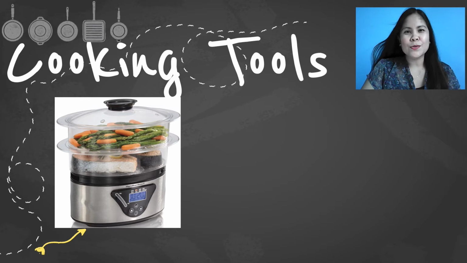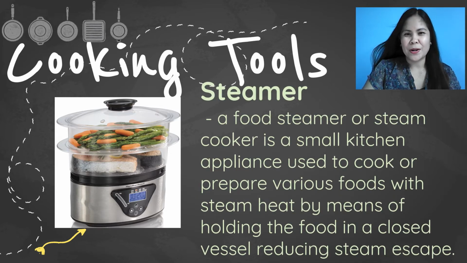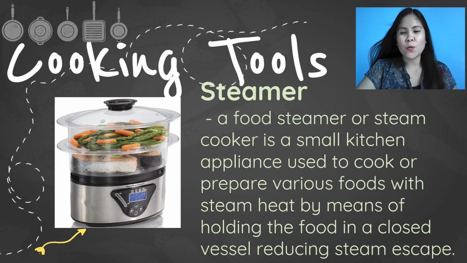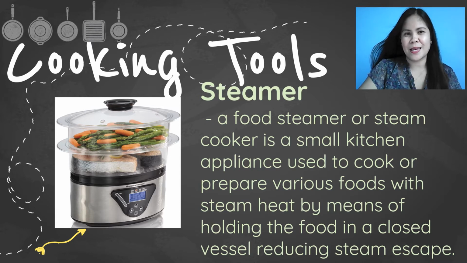And for our last cooking tool, we have the steamer. A food steamer or steam cooker is a small kitchen appliance used to cook or prepare various foods with steam heat by means of holding the food in a closed vessel, reducing steam escape.